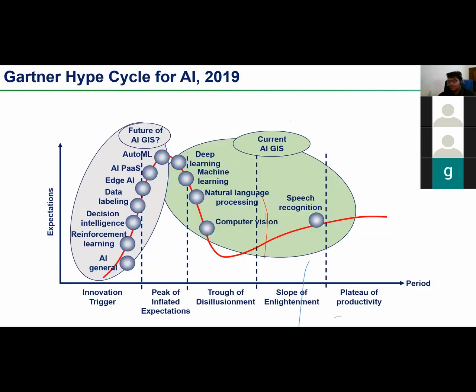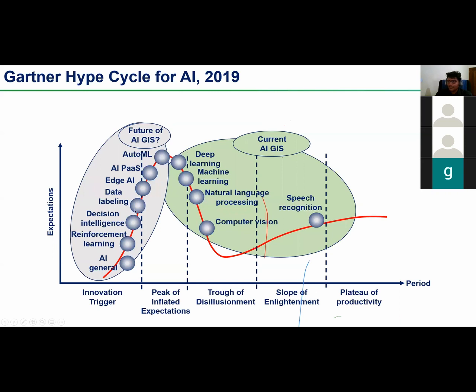Now this one, the Gartner Hype Cycle for AI, is published research. It's about what the future of AI will be in terms of GIS. You can see that the current GIS technologies are somewhere here: deep learning, machine learning, natural language processing, speech recognition, and all this area.